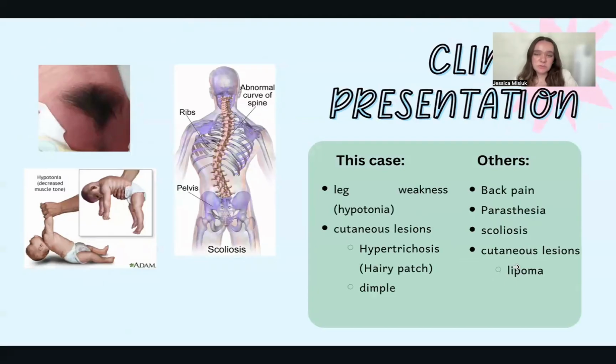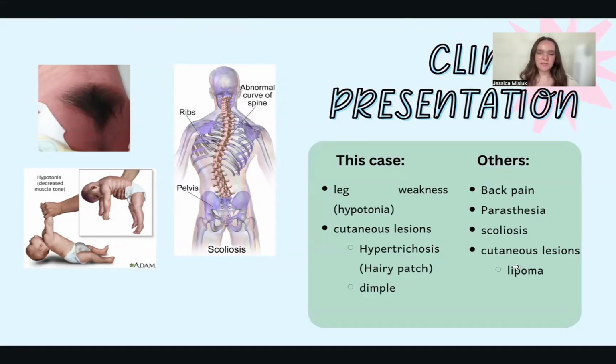So, some of the clinical presentations. This patient presented with leg weakness, or most commonly known as hypotonia. Just like this image to the left shows, we can see the baby has abnormal muscle tone and cannot hold himself upright and cannot move as well as you might expect at the 4 to 5 month mark.